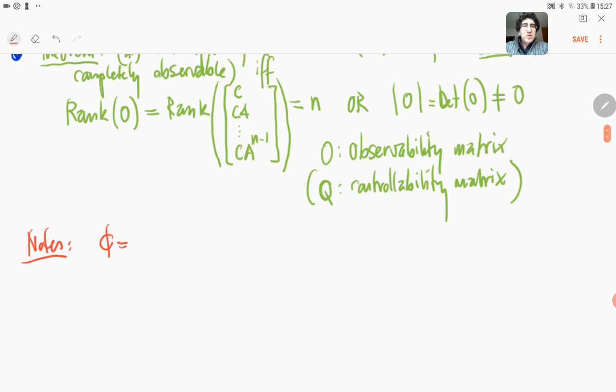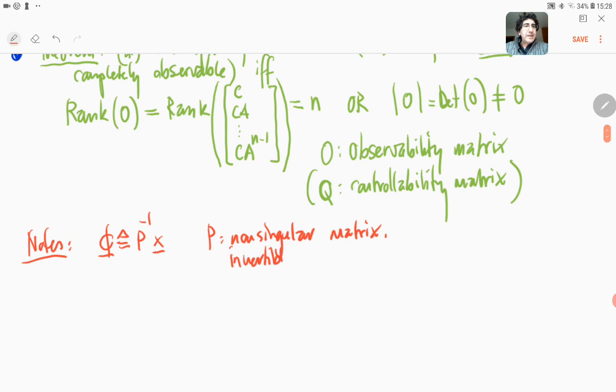We defined a new state as a transformation of the existing state, and we used a non-singular matrix P, which can be inverted. That's why we defined the new state in such a way as to make explicitly clear that P is an invertible matrix.